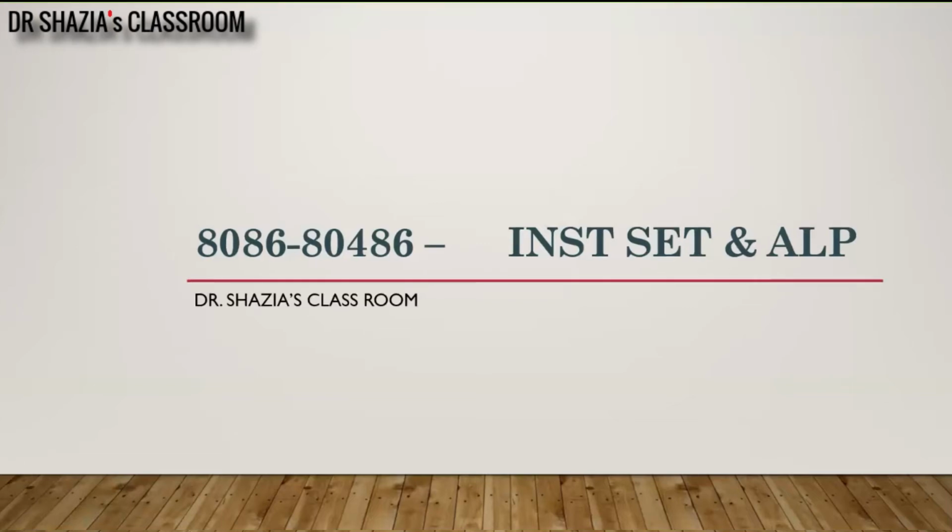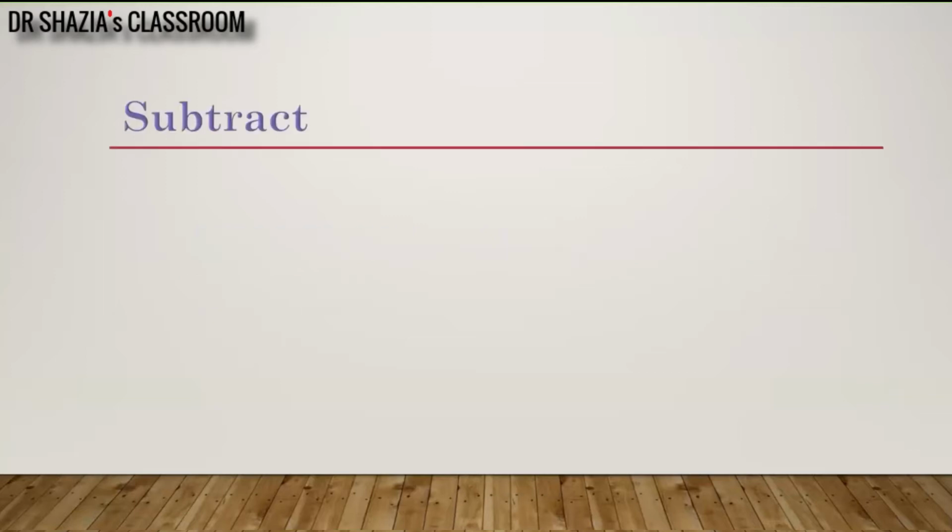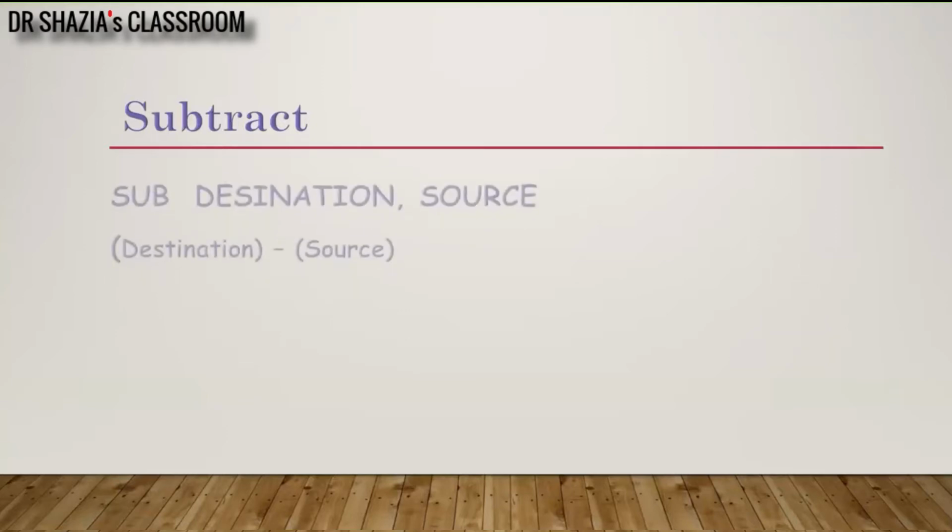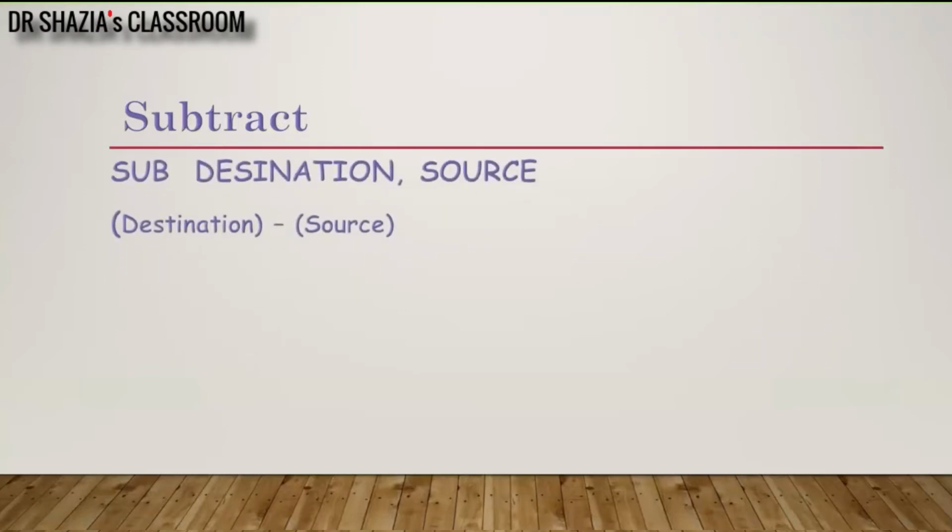In this video, we will discuss another very simple arithmetic instruction, which is the subtract instruction, and we will also look into its variant, which is subtract with borrow. The format of this instruction is SUB destination, source. This instruction subtracts the source from the destination and stores the result in the destination.